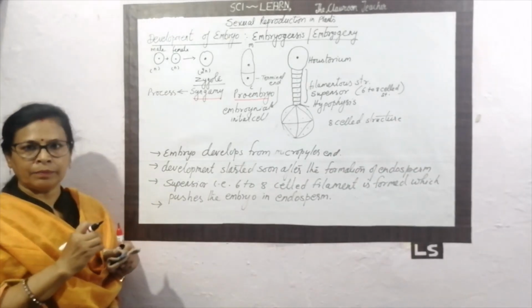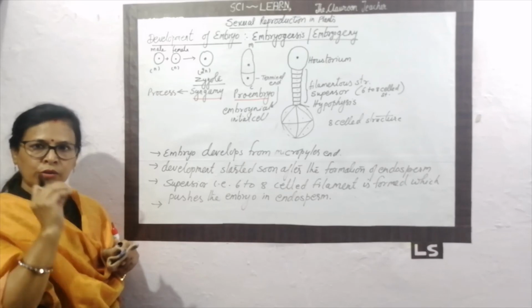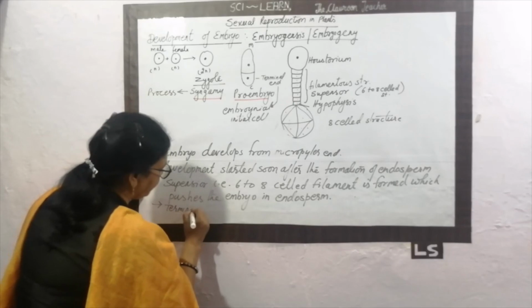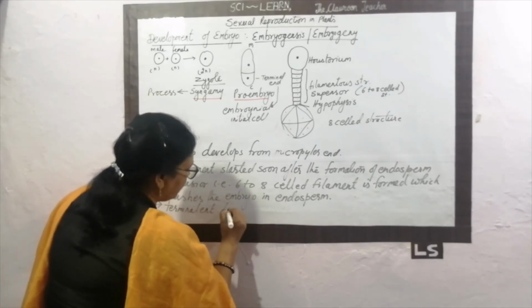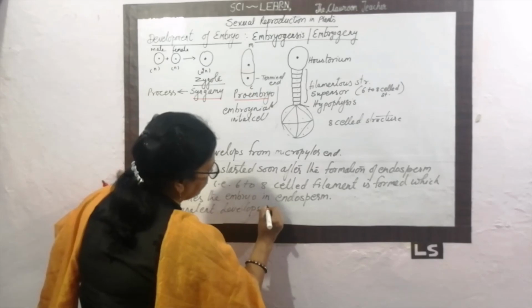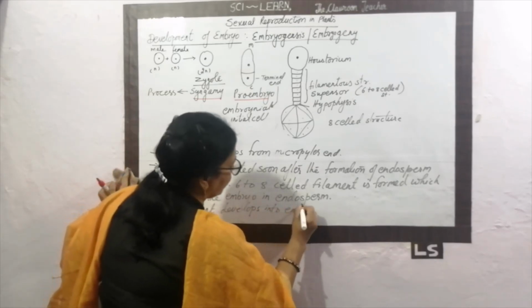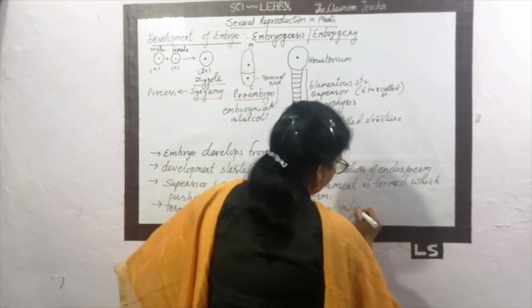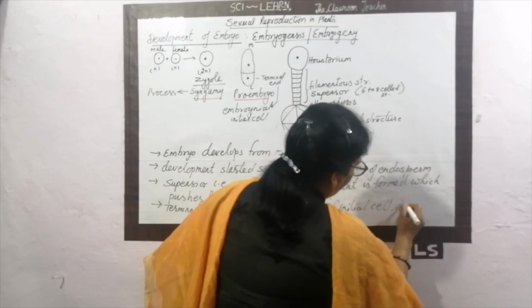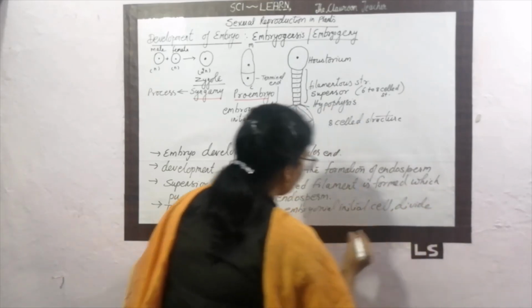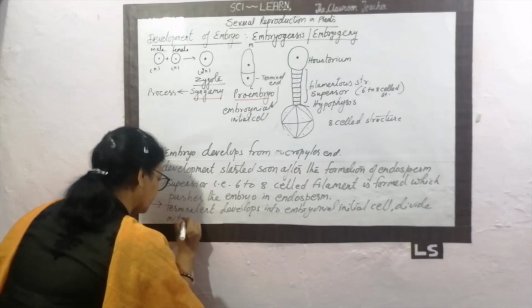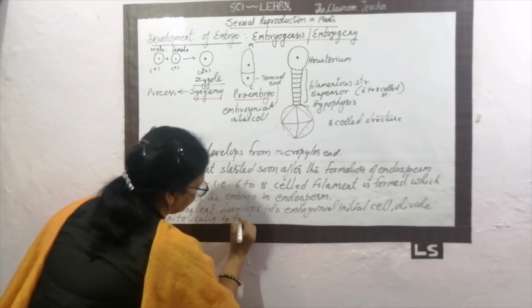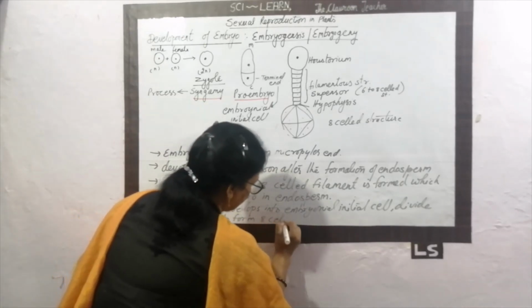At the same time, the terminal end also divided. Terminal end developed into embryonal initial cell, which divides mitotically to form 8 cells.